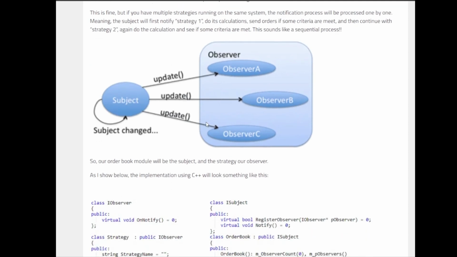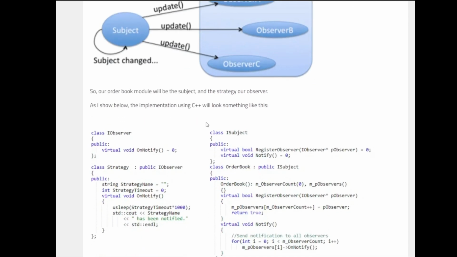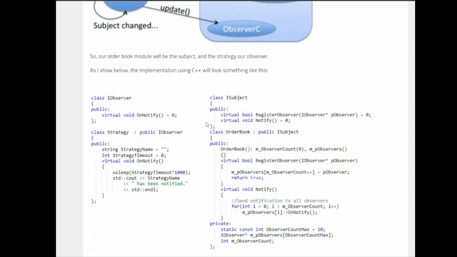For example, you can see this particular implementation of how they have applied the observer design pattern. On the left, they have defined the observer, and on the right, they have defined the subject.